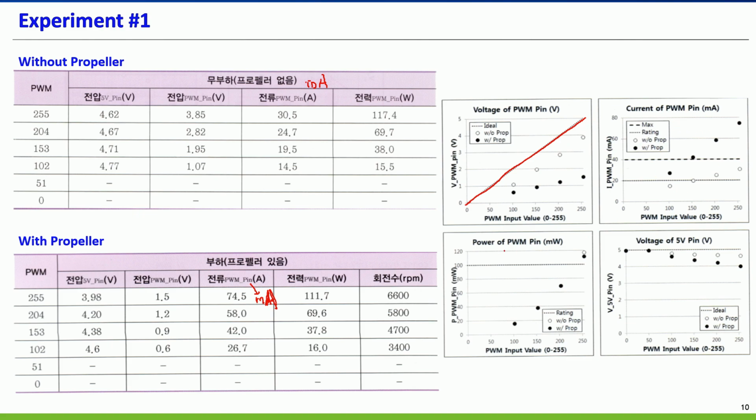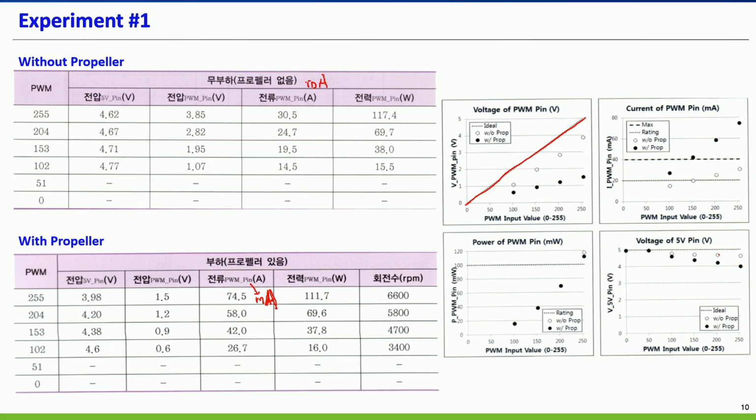This one is current, and this one is also power, and this one is an explanation of the variation when you give the input.